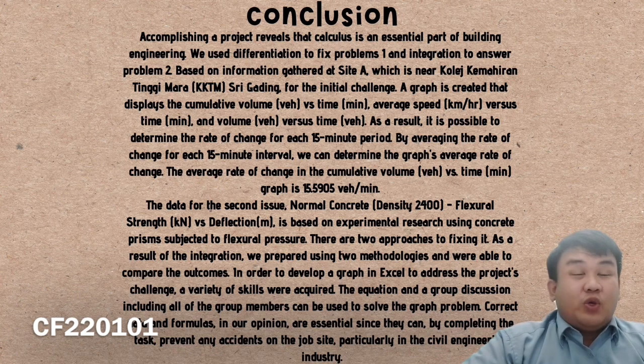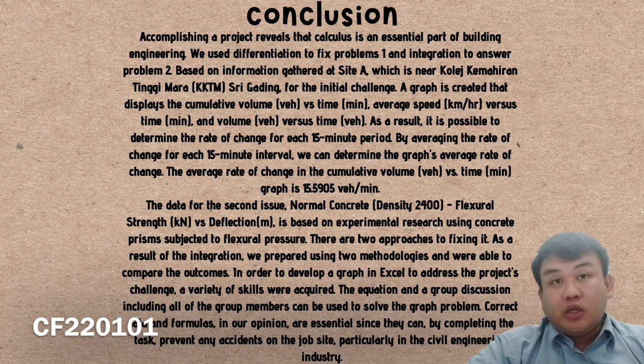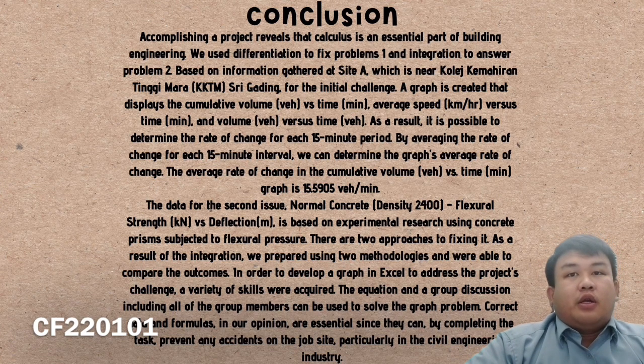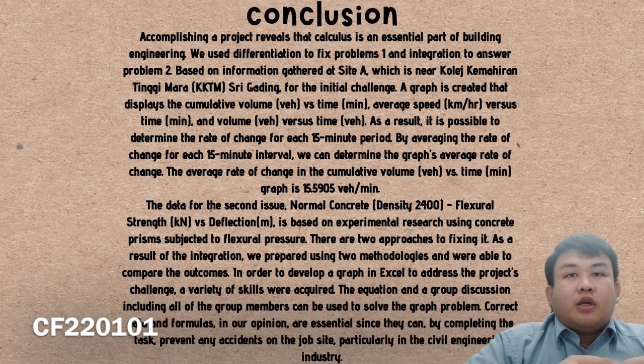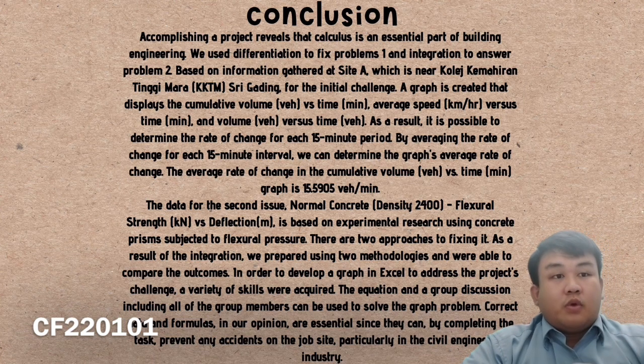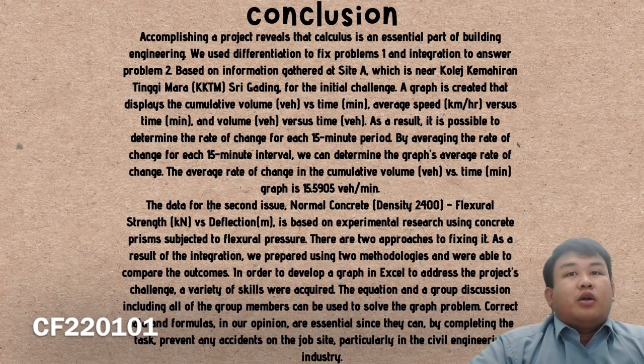For the second issue, for normal concrete with density 2400, we got two methodologies, and from these we know that a project challenge needs a big scale in Excel in order to solve the graph problem.